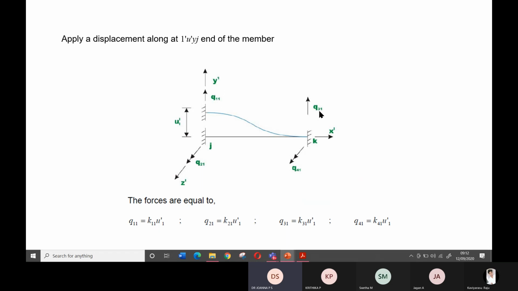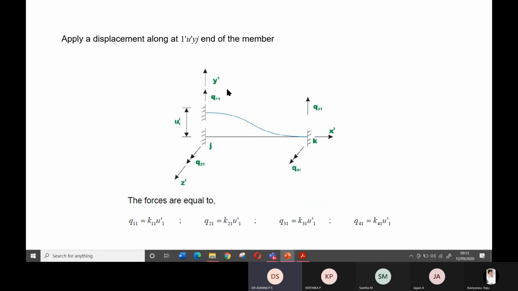The force numbering is 1, 2, 3, 4: the vertical translation you number 1, then rotation you number 2, then the vertical translation at the other end you number 3, and rotation you number 4.